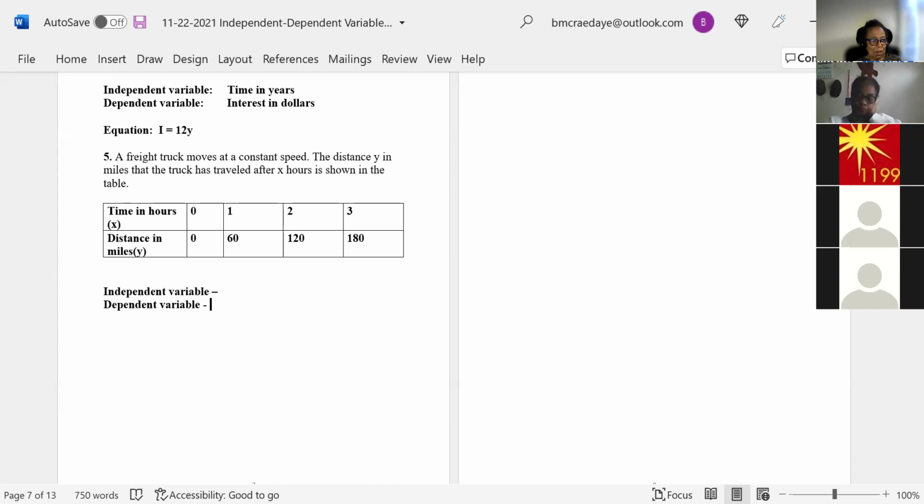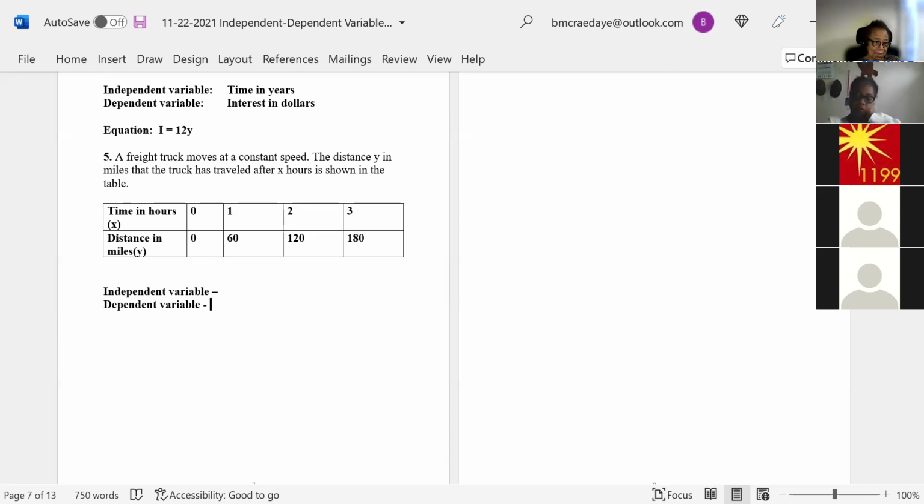The independent variable, the time in hours or the distance in miles? Which one is the dependent variable? The time in hours the truck travels or the distance in miles?